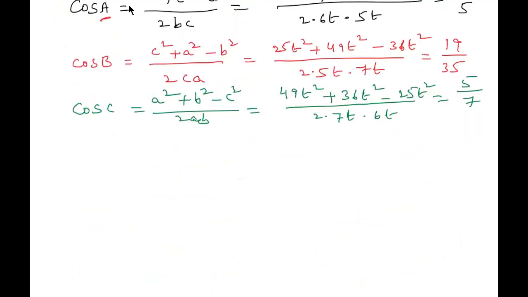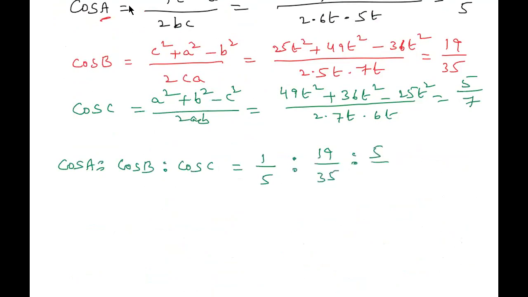Now we need to find cos A : cos B : cos C. The cos A value we got is 1/5, the ratio 19/35, the ratio 5/7. See, we need 35 in the denominator of each and every term.